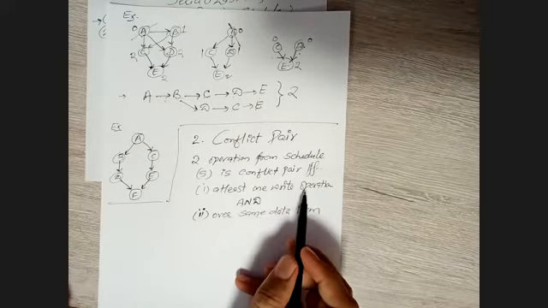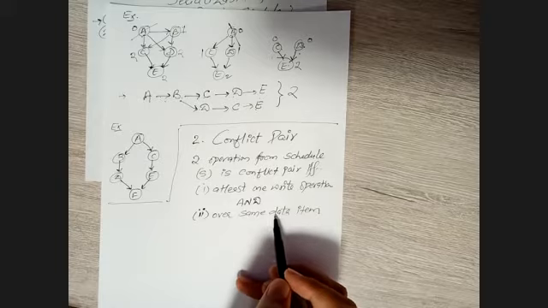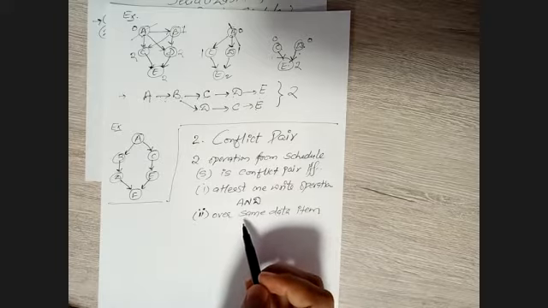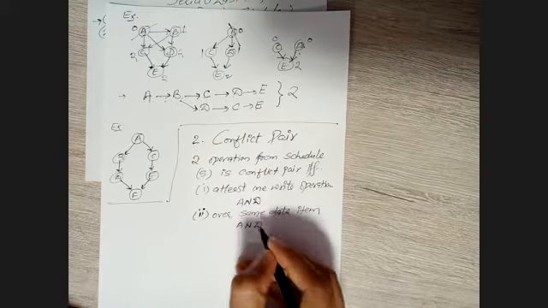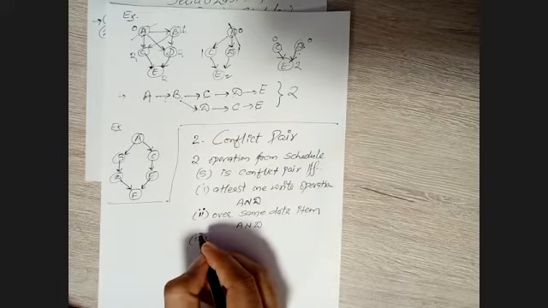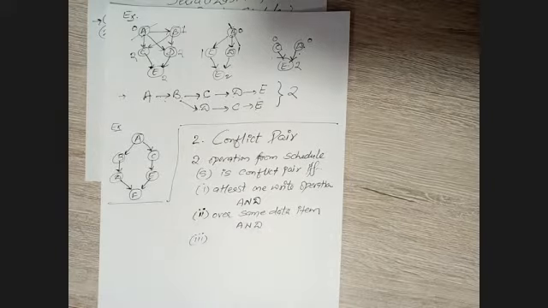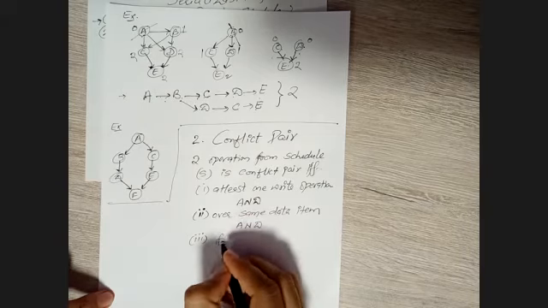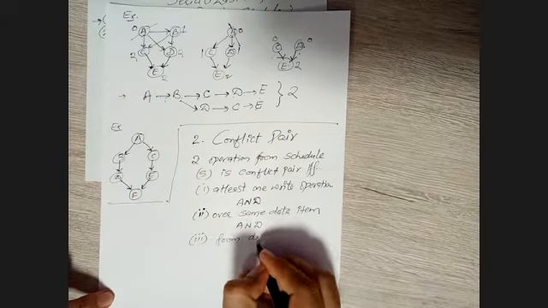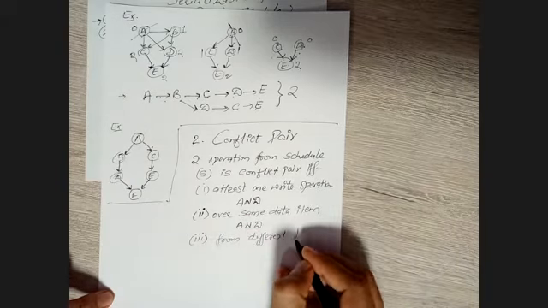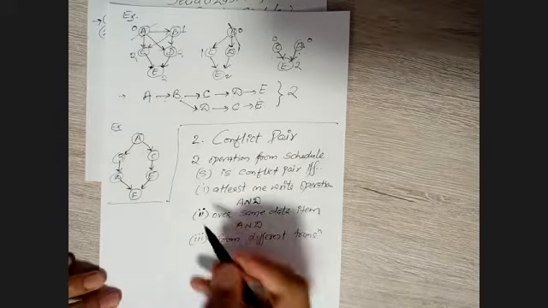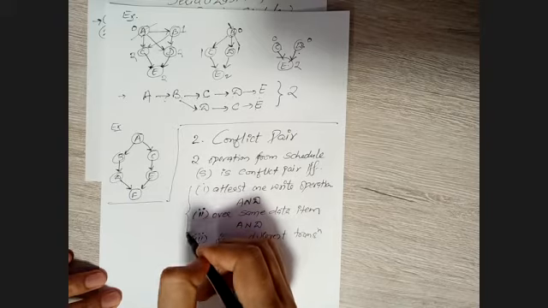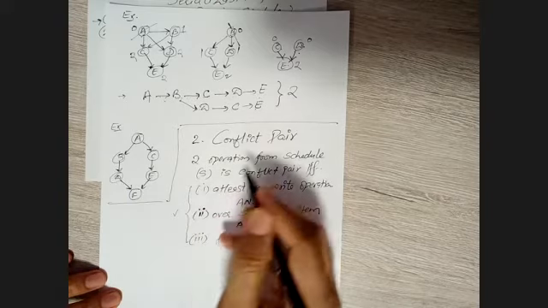In both of these operations, we have the same data item. We have seen in the previous sessions what the data items are. And the last condition is that these two operations should be from different transactions. Whenever these conditions are true for any two operations, we say these are a conflict pair, right?